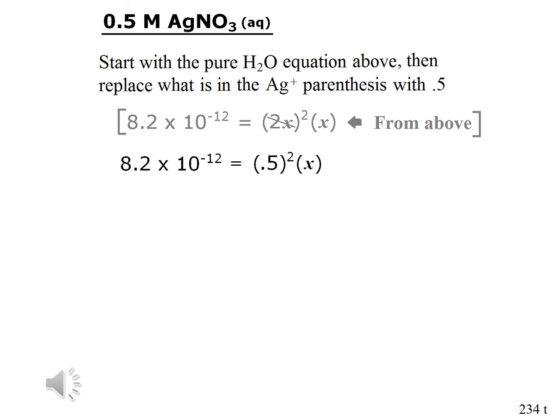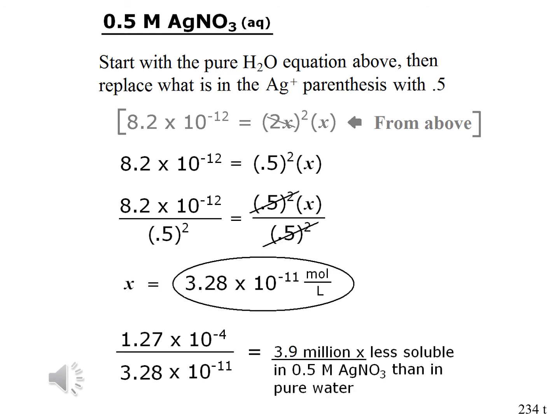You cross it out completely because the 2x is negligible compared to 0.5. You can then divide both sides by 0.5 squared, and you see that x is very less soluble. And if you take the pure water divided by the solubility in silver ion, it's 3.9 million times less soluble, which is obviously significantly less.